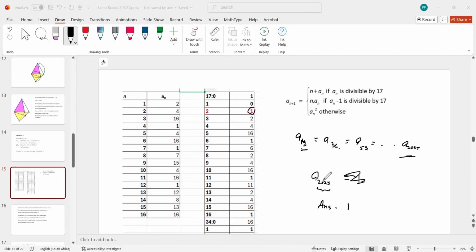We need to calculate the remainder when A2025 is divided by 17. So this involves congruences. You might not have been very familiar with them, but if you are going all the way to the third round of the Olympiad or the International Maths Olympiad, I suppose they expect you to know something about congruences by the time you reach there. Congruences are very nice.